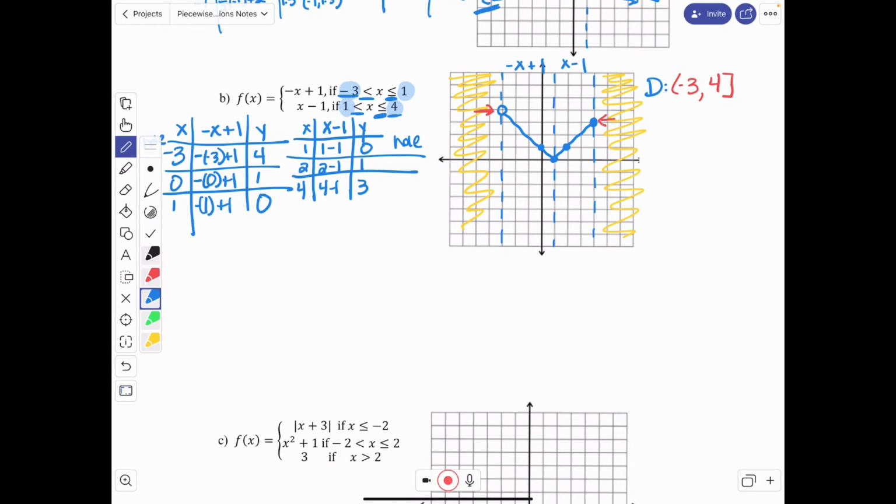All right, so let's do my range. The lowest it goes is right here. This point right here is the lowest. And I do my y value right here, because range, we talk about y values. That y value is a 0, and it gets a bracket since it's a point. All right, this is my highest point. I look at my highest point, and I look at the y value at that highest point.